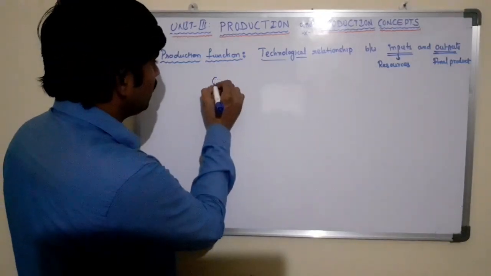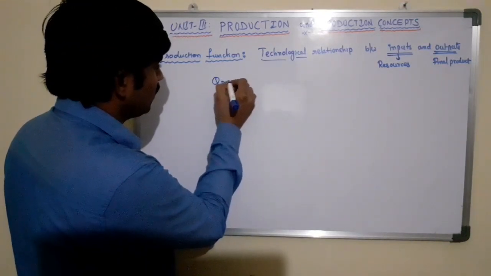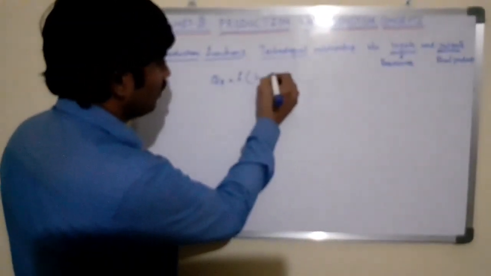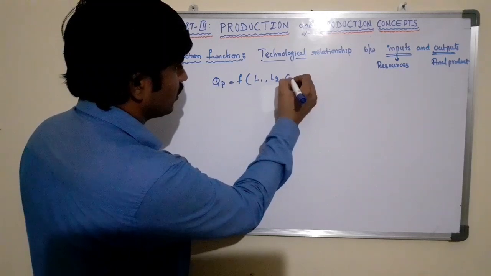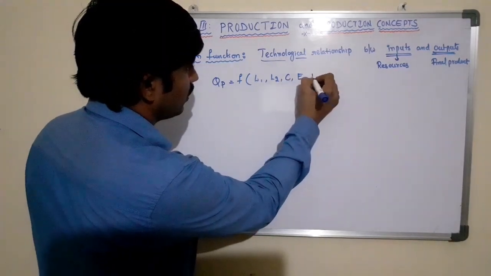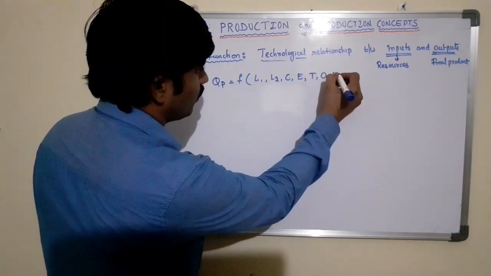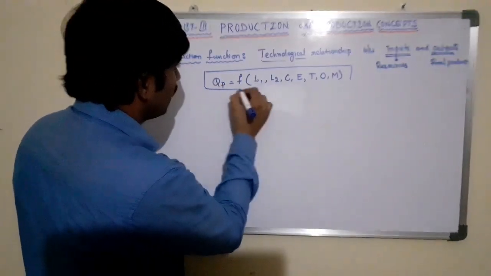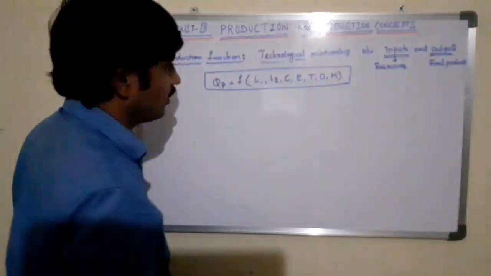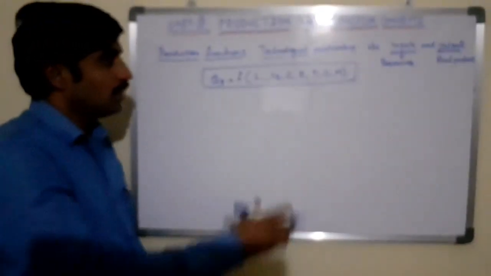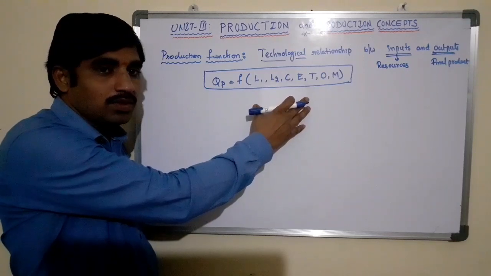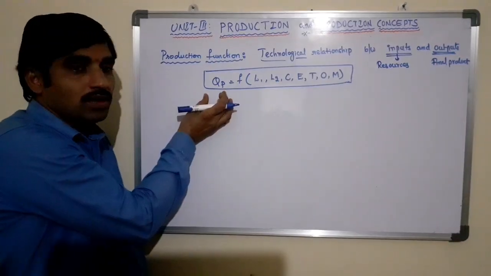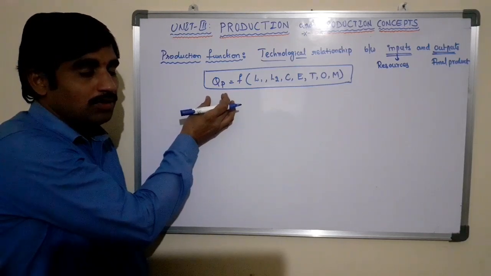Mathematically it is represented as QP equals F of L1, L2, C, E, T, O, M. Here L1, L2, C, E, T, O, M are the resources, the certain group of inputs used to produce QP, that is, quantity of production.